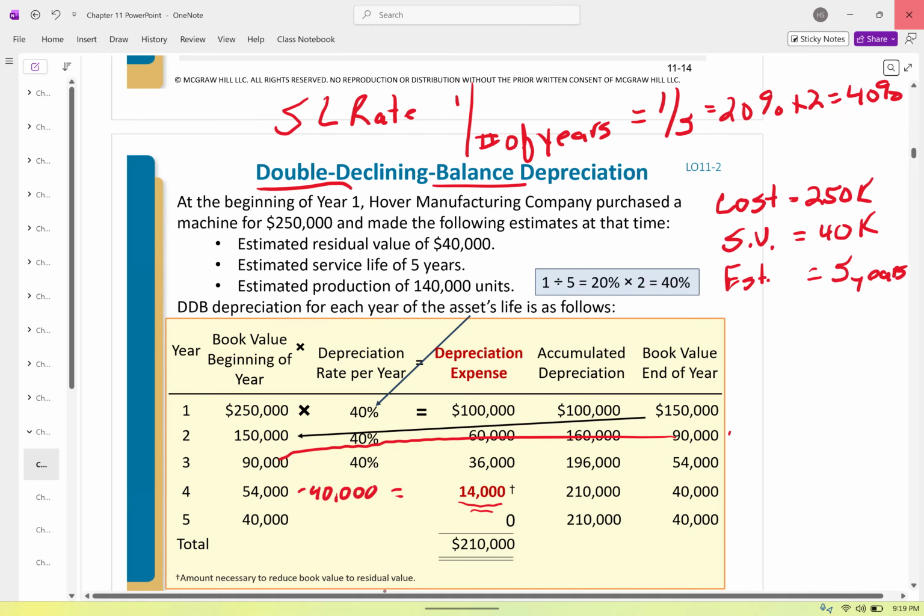If we had a salvage value of, say, 4,000, we very well could have taken the 54,000, multiplied it times the 40%, and gotten another year of depreciation. So here's where you just have to watch it a little bit and see when you would actually decrease below the book value. Okay. So just keep that in mind.